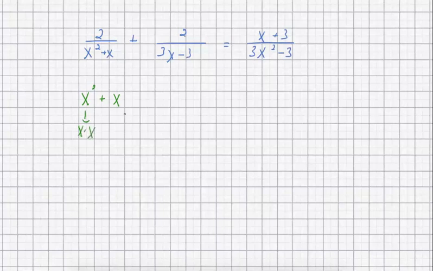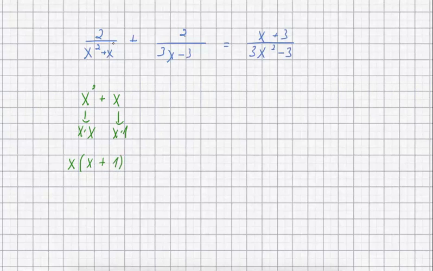And we know that x, if it's all alone, is like x times 1. So what is the common one? The x. So we can put it outside of parentheses. And then what can we write inside? X plus 1.